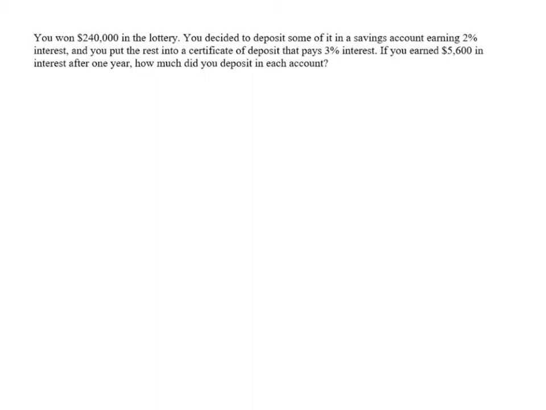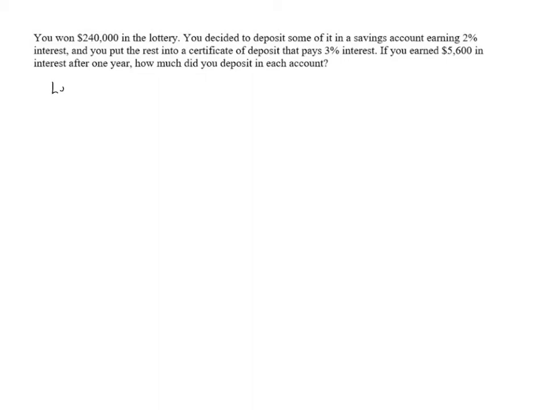Because this problem asks how much you deposited in each account, we're going to let those be represented by the variables x and y. It looks like you deposited some in a savings account and some in a certificate of deposit, also called a CD.